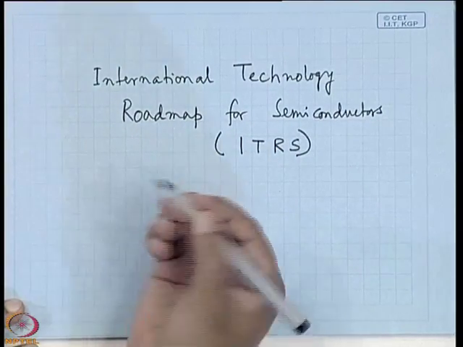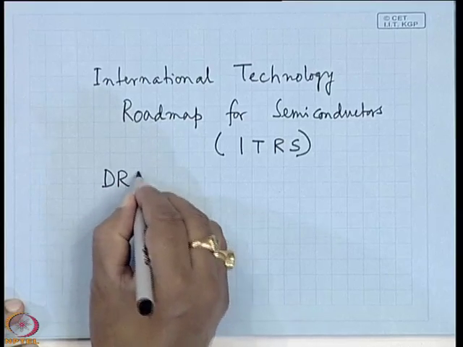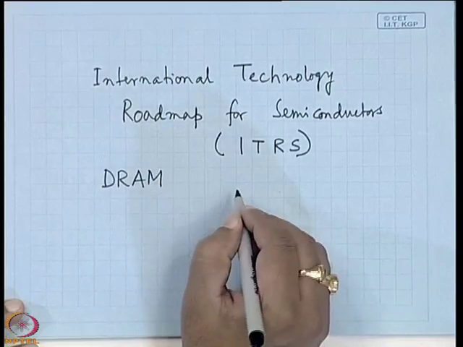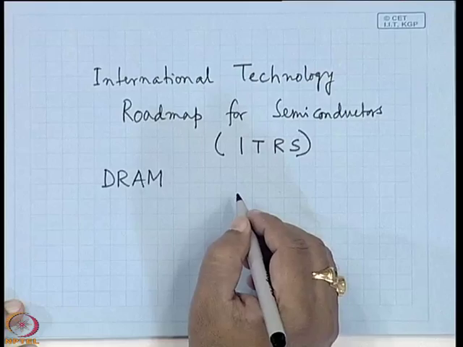say let us take one example of DRAM. What is DRAM? You know what is DRAM? Dynamic Random Access Memory. So, memory is very important thing in the IC chip.